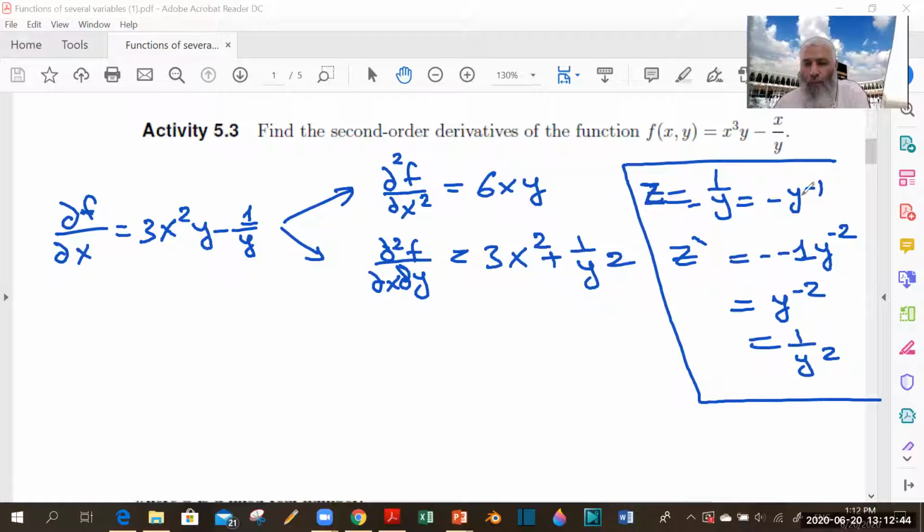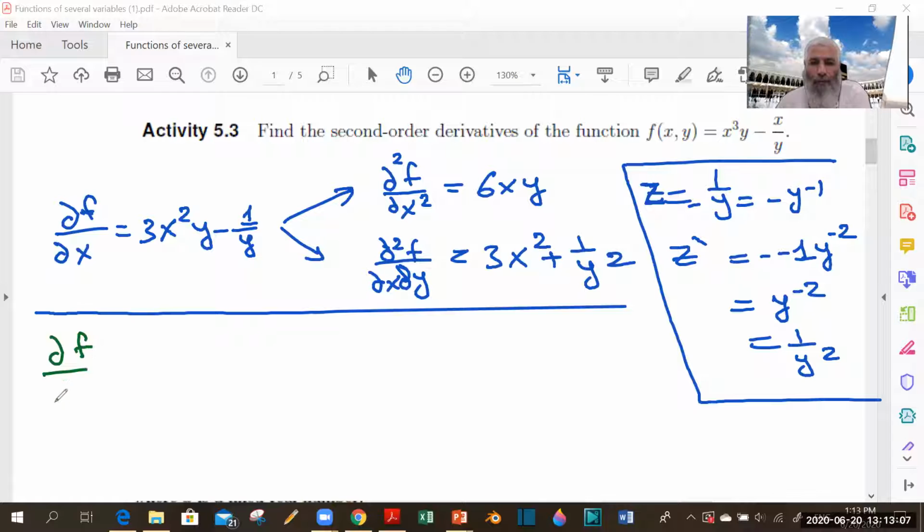The derivative of y power negative 1 is negative 1 multiplied by y, and we subtract 1 from the power, so minus 1 becomes minus 2. Minus 1 multiplied by minus 1 is positive 1, y power negative 2, which is 1 over y squared.